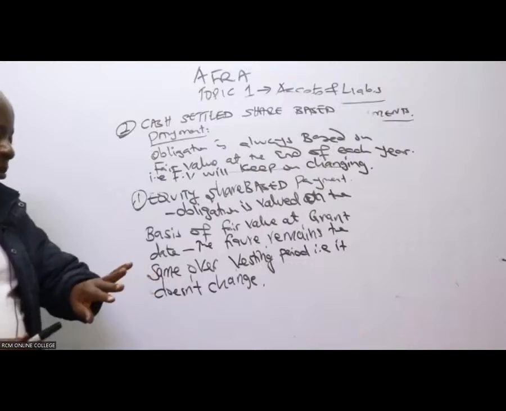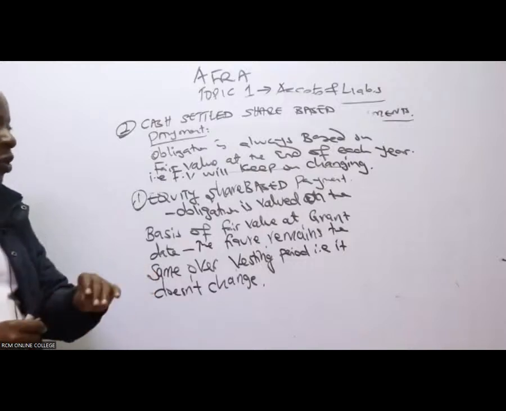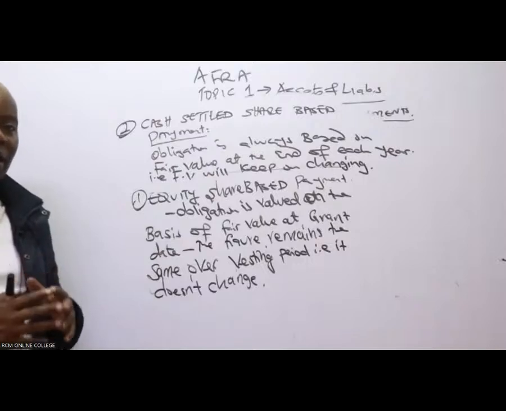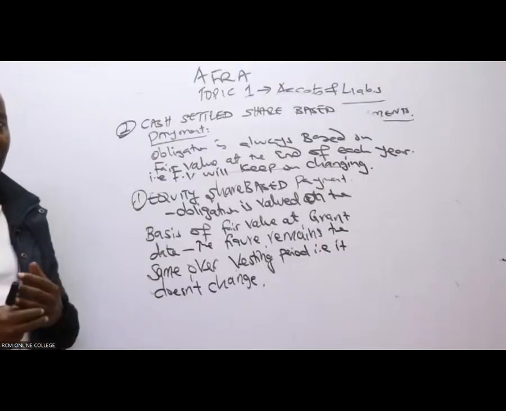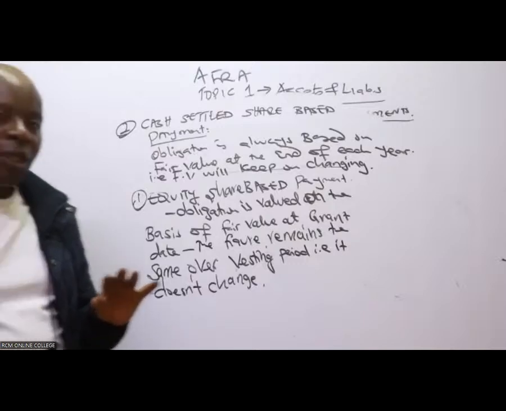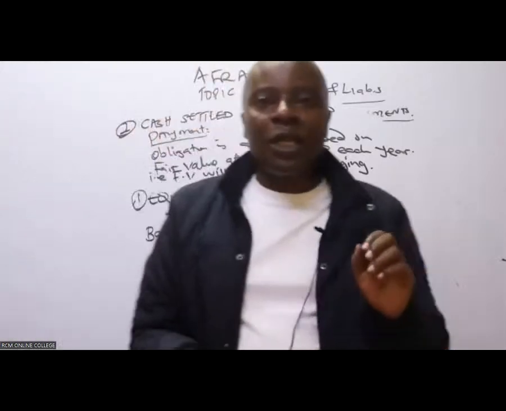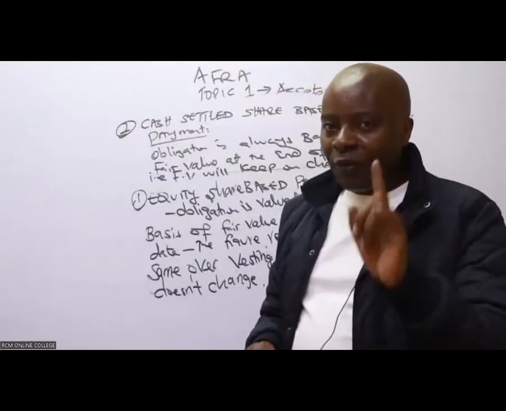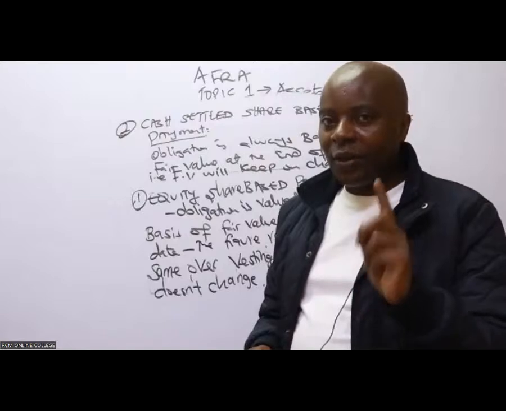Something very important for us to appreciate from the word go. And the moment you have known this, we have basically understood the entire standard. So if it's equity settled, always the fair value will be the fair value as at the grant date.